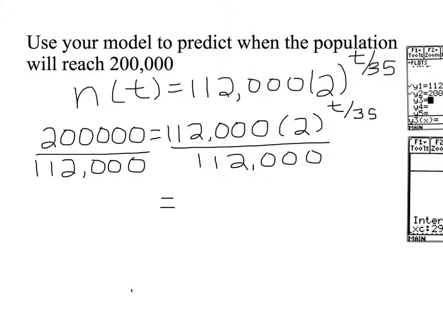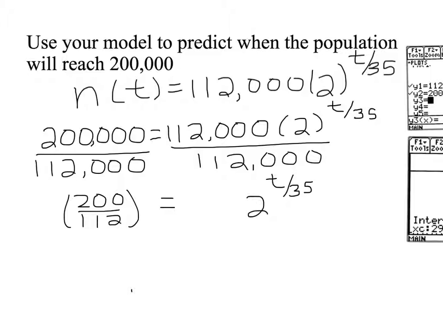And just to make it a little shorter, I'm going to go ahead and cancel out the 3 zeros at the end there and rewrite this as 200 over 112 is equal to 2 to the t over 35.